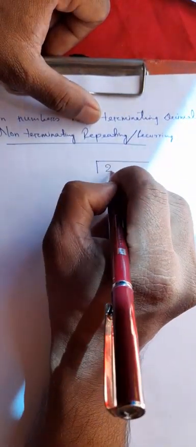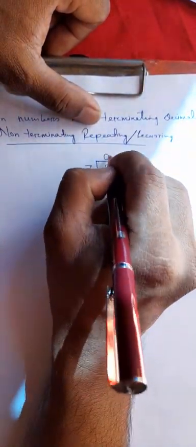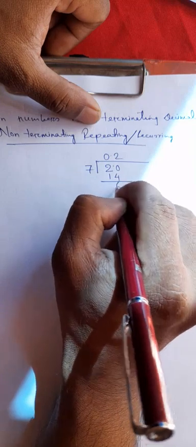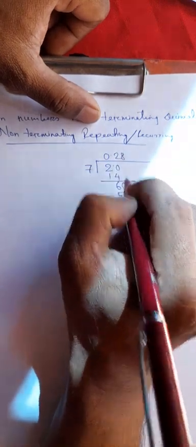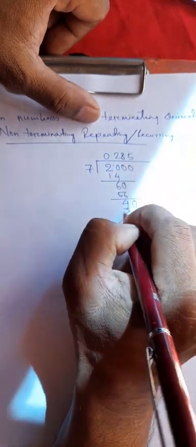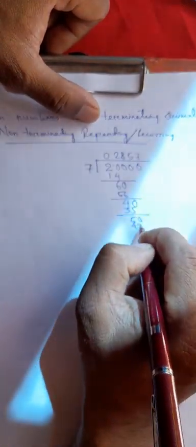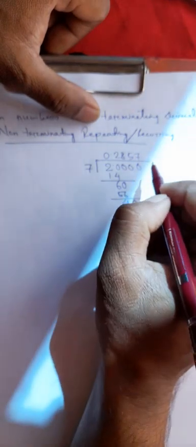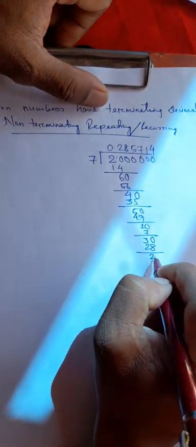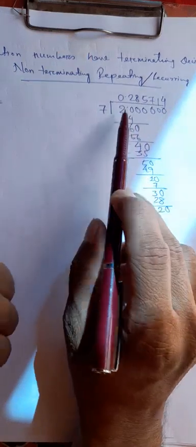Divide 2 by 7. 7 twos are 14, 6 0, 7 8 is 56, 0 7 5 is 35, 7 7 is 49, 7 1 is 7, 7 4 is 28, 2 0. Again you find this same one.